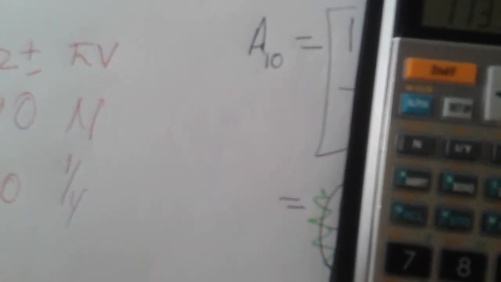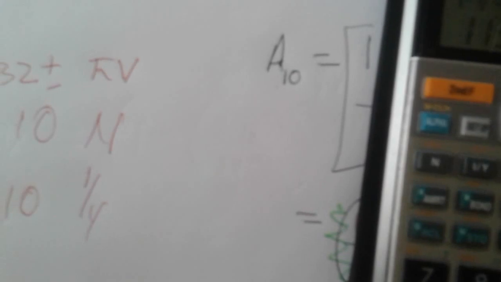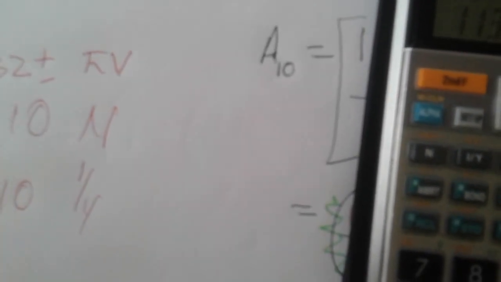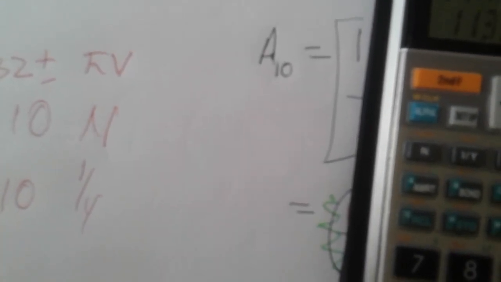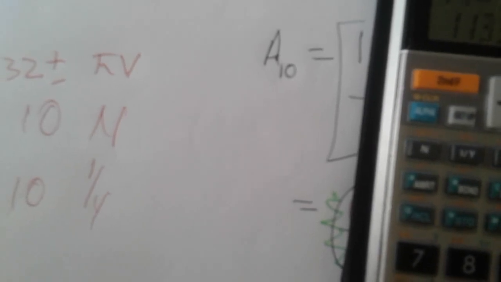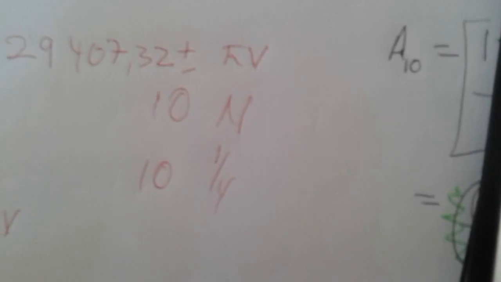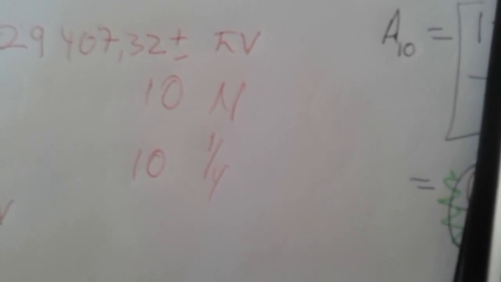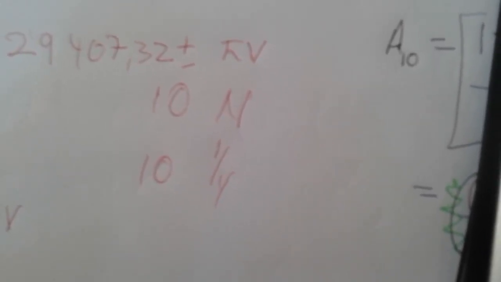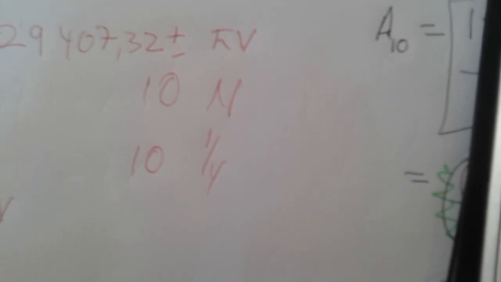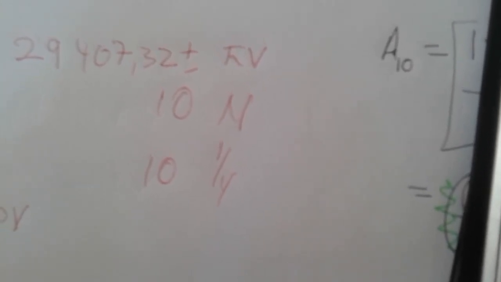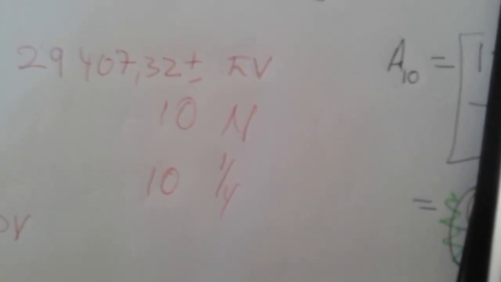We said it was 29,000, which is our future value, then 10 is your N, another 10 is your I, then we compute PV. What do you get? 11,000. Clear your memory: second function alpha 00.